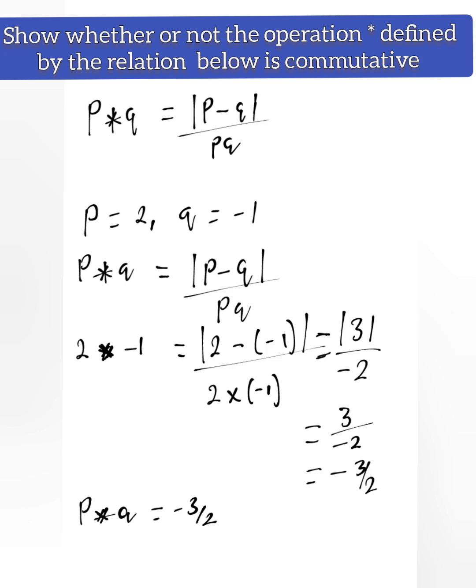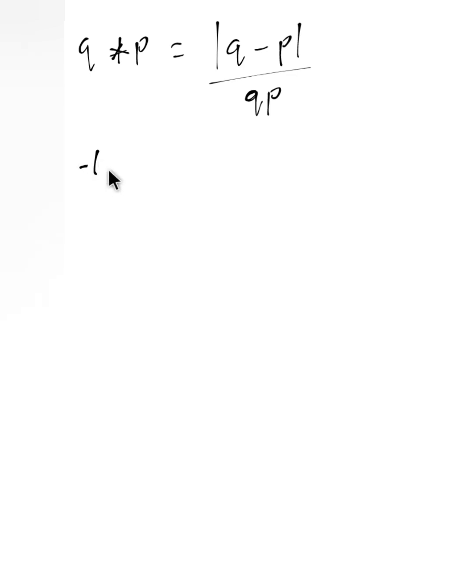Now we're going to solve for Q operation P, and if Q operation P is the same as P operation Q, then it is commutative. Let's proceed. Using the same relation, Q operation P will be equal to the absolute value of the difference between Q and P, over Q times P. Now, Q is -1 and P is 2.